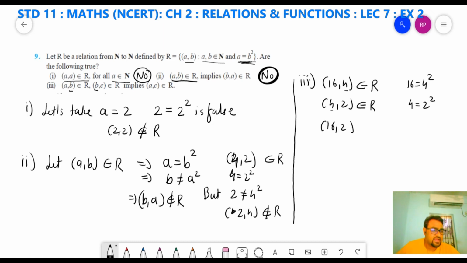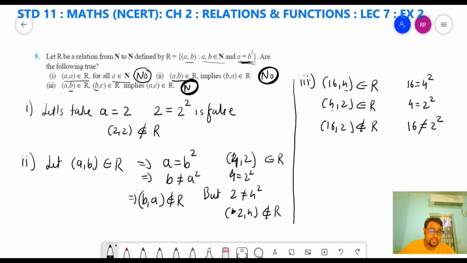Can I write that 16 is equal to 2 square? No, 16 is not equal to 2 square. That means this does not belong to R. So this means that it is also not satisfying the third. So here also I will say no.